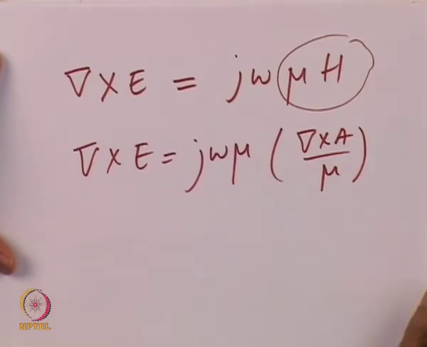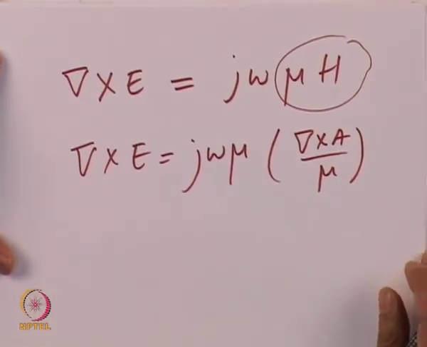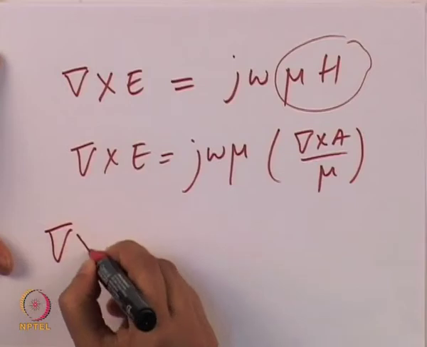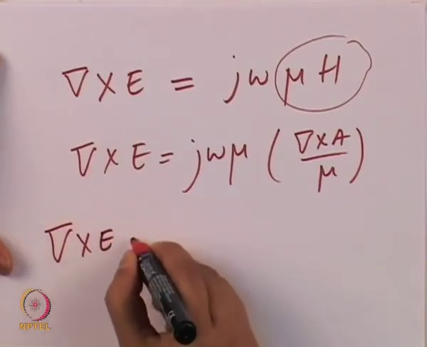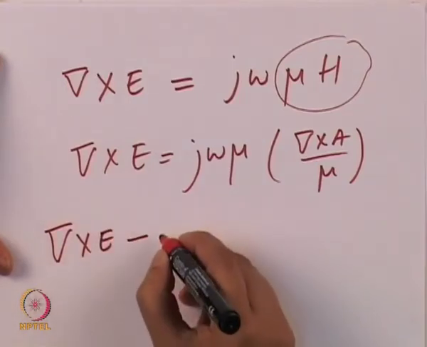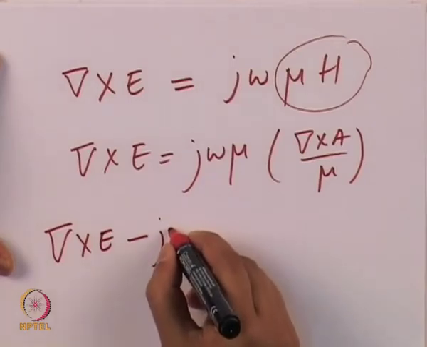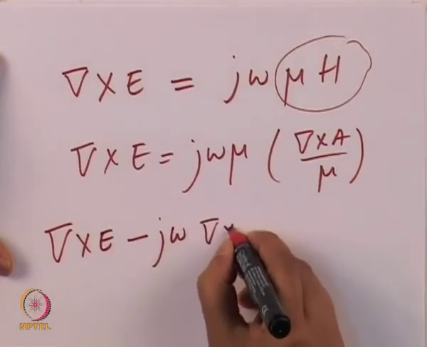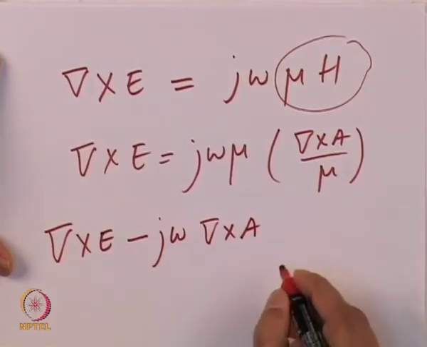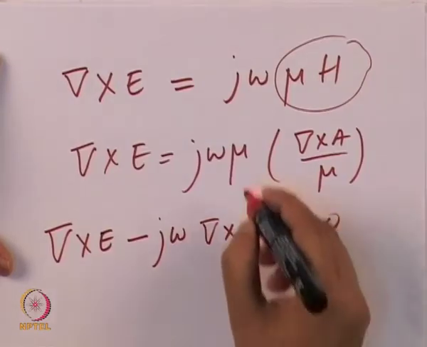Once I do this, I bring the terms to the left hand side. So curl of E minus j omega curl of A equal to 0.